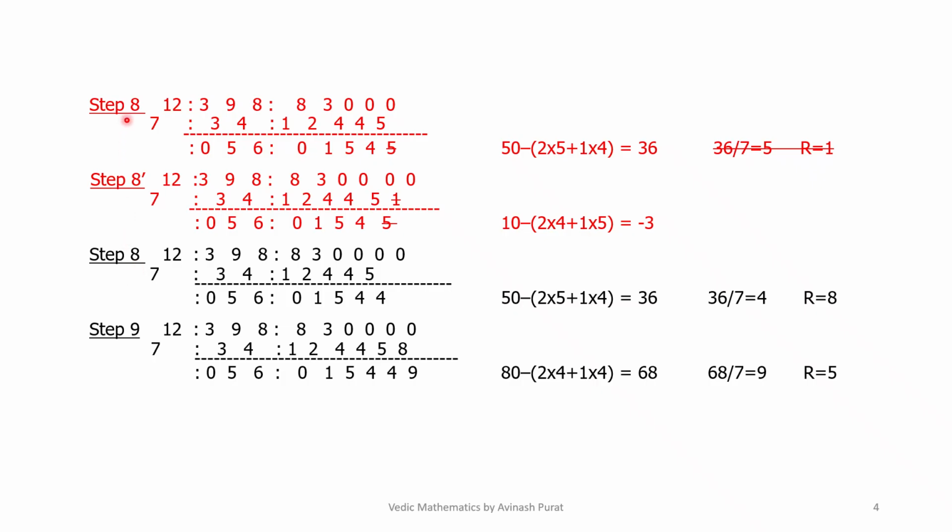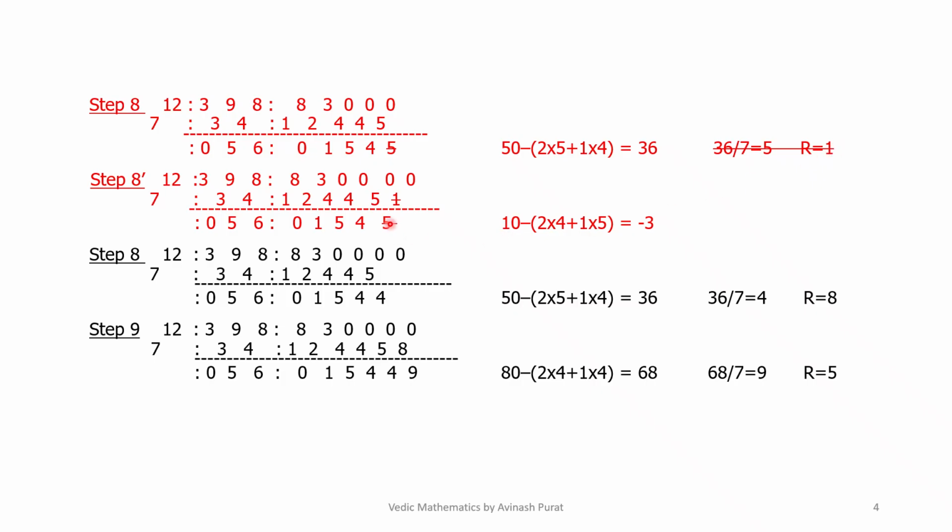Step 8, 50 minus 2 into 5 plus 1 into 4, that is equal to 10 plus 4, 14. 50 minus 14 is 36. Now 36 divided by 7 equals 5, and remainder is 1.